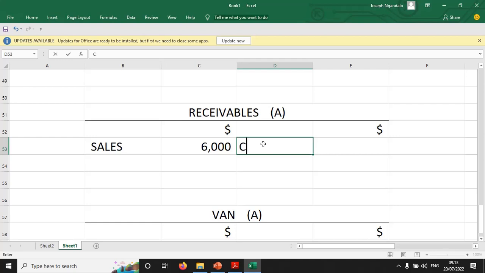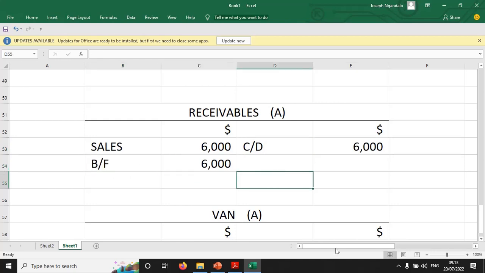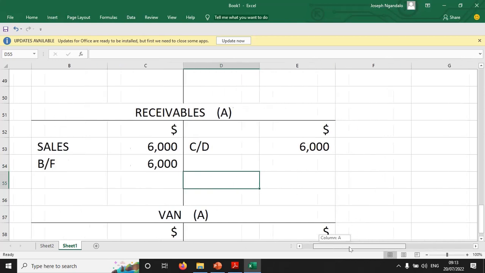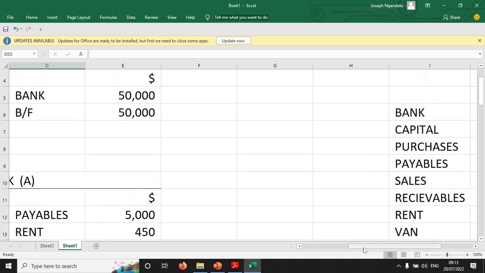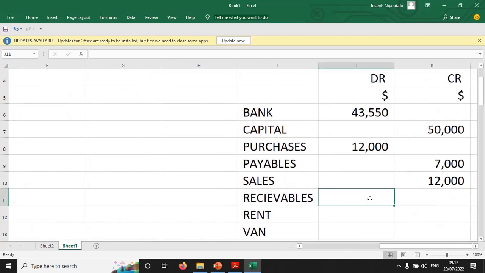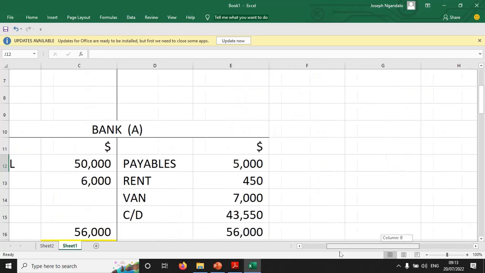This one is simple. Carry down 6, right? Therefore, BF 6 as well, isn't it? I think some people are already ahead of the lecturer. They're just waiting for me to confirm. $6,000, right? Debit. Almost there.